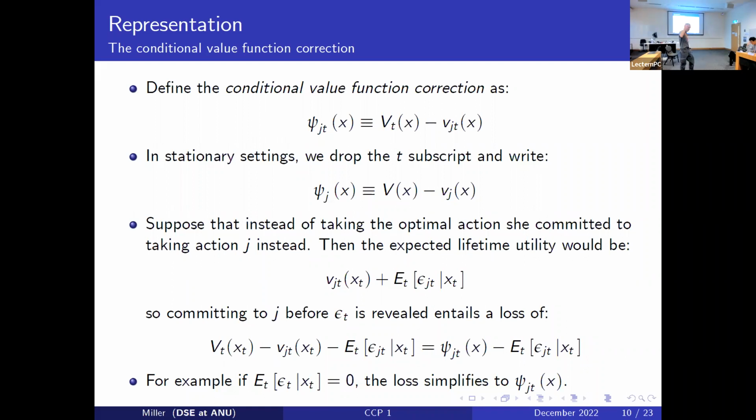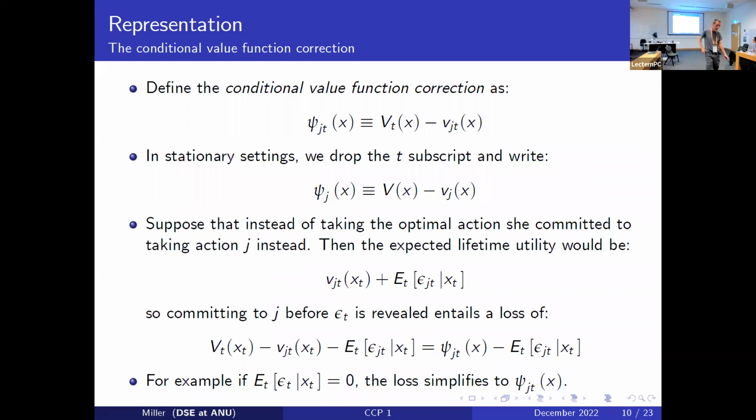So if you were to take the action before you saw the epsilon rather than after you saw the epsilon, which is what you do when you're solving the problem, then you would make a loss. And the loss that you would make is just equal to this psi function minus the unconditional expectation.